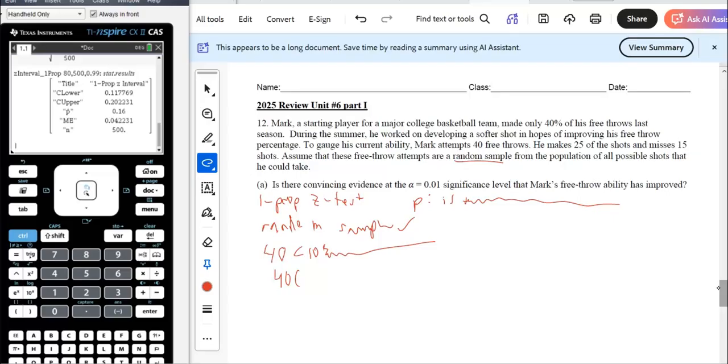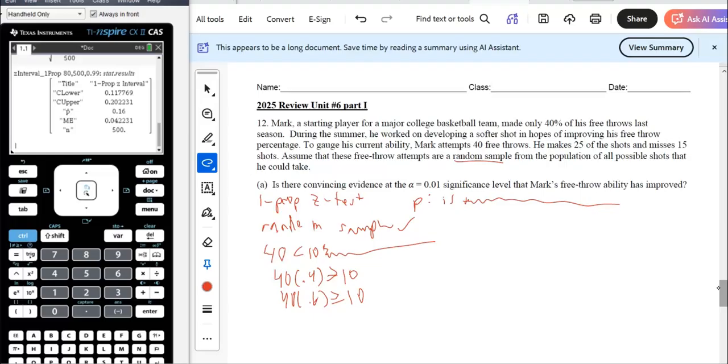Let's see, maybe not. So 40 times 0.4 should be greater than 10. Well, that's true. And then 40 times 0.6 should also be greater than or equal to 10. So it checks the conditions, which is nice.